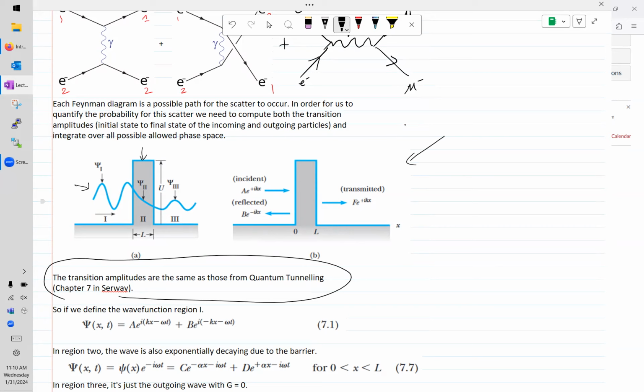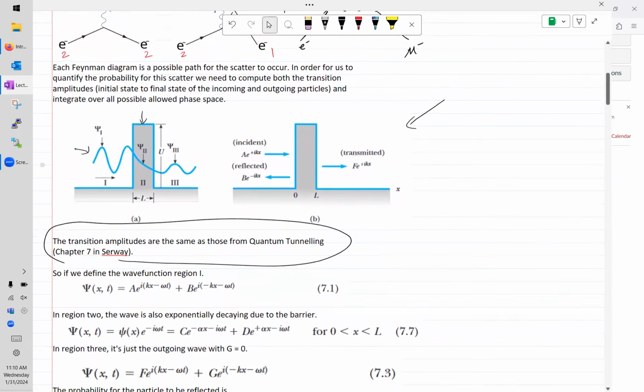In classical mechanics, if the energy of this barrier is higher than the particle that's coming in, the particle is just going to bounce back. It can never penetrate. But in quantum mechanics, there is a chance for it to penetrate through these barriers.